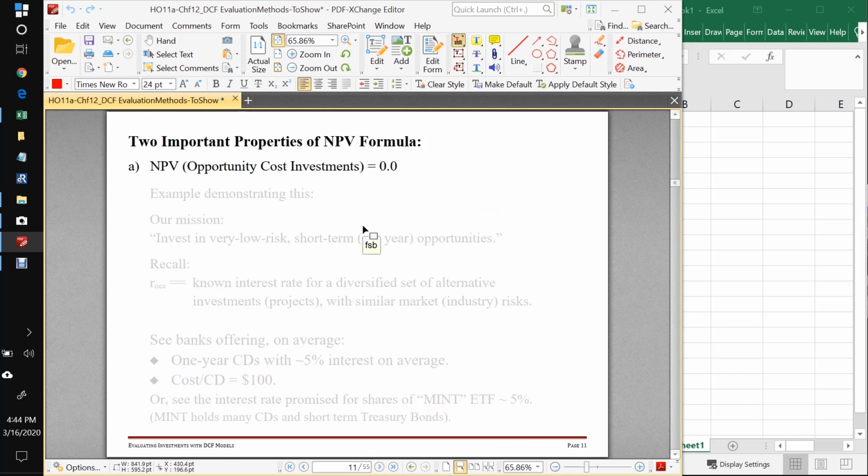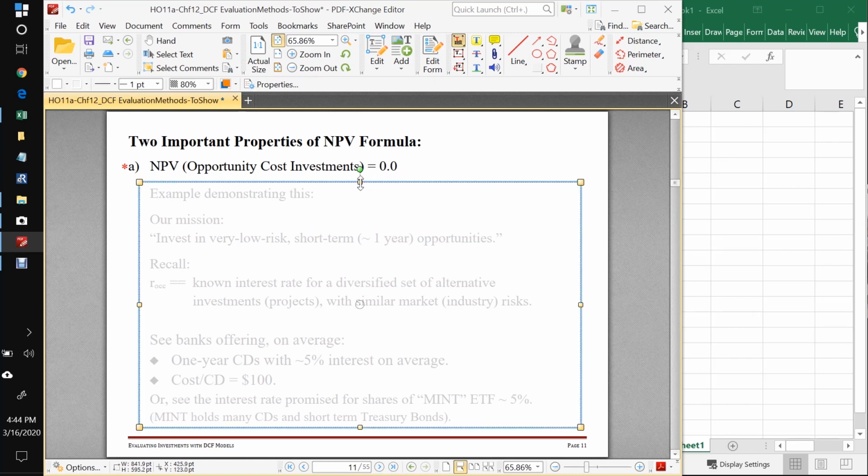So there are two important properties of the NPV formula. The first one is that NPVs of our opportunity cost investments, as we learned them in the last chapter, are always equal to 0. So let's see how this works.